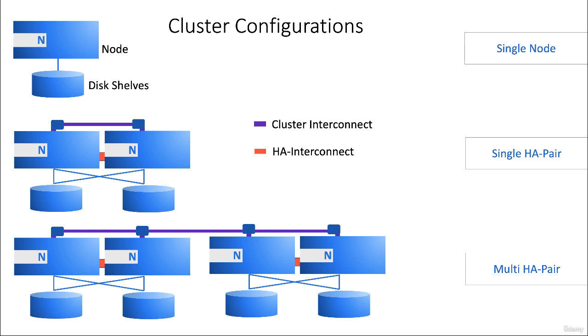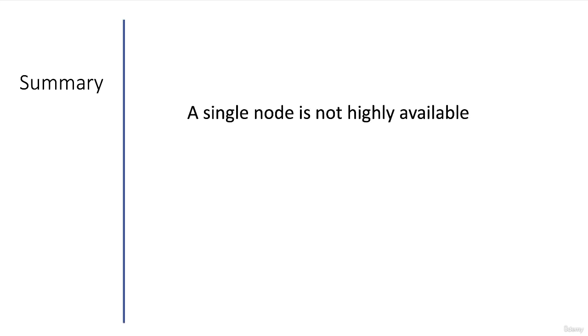And the blue lines obviously represent the connections in one single HA pair to the disk shelves connected to the HA pair. So in short, a node in an HA pair is able to take over the disks of the partner node. As with the cluster interconnect, the single blue lines should be interpreted as redundant paths to the drives.